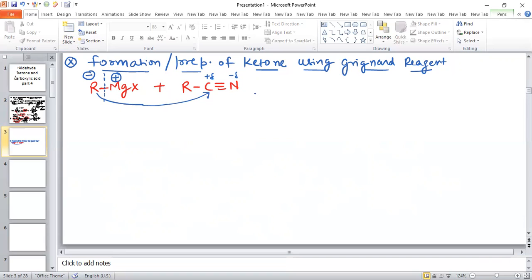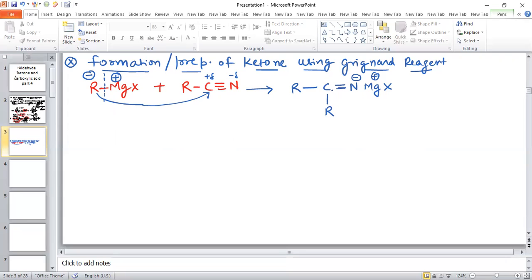When this R minus attacks, one R is already there, so this is RC. When one R attacks on this carbon, this triple bond gets converted into double bond, and this is N negative, and this is MgX.